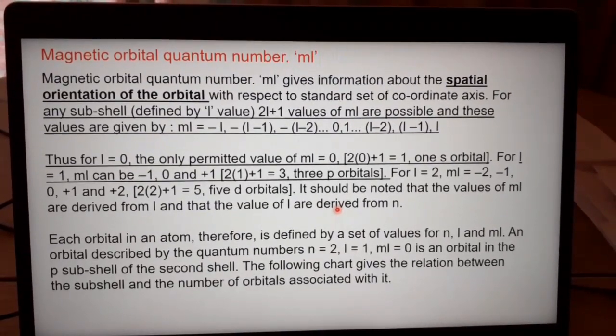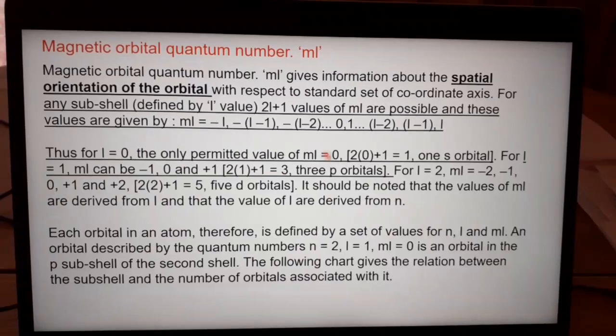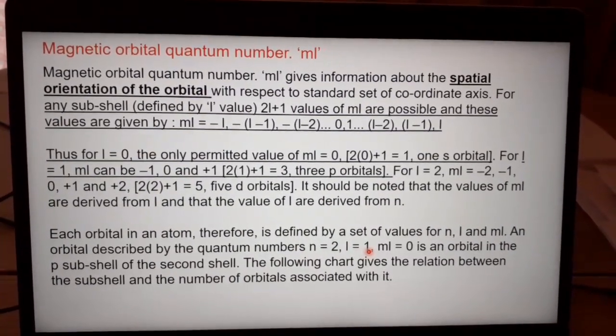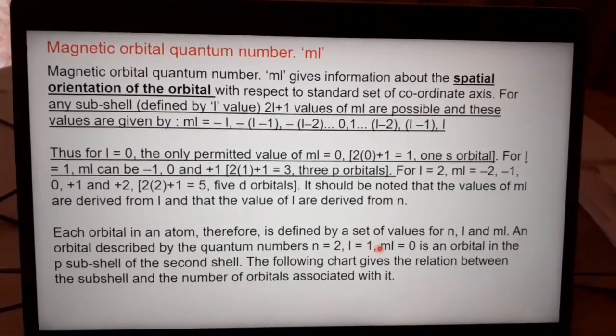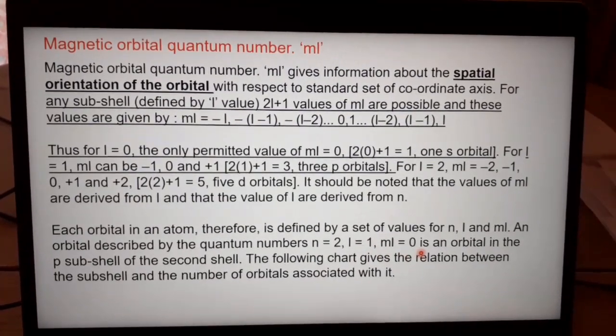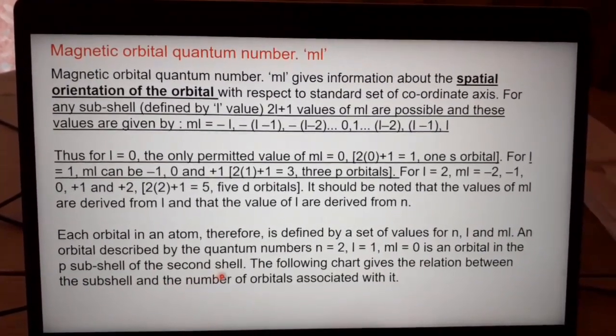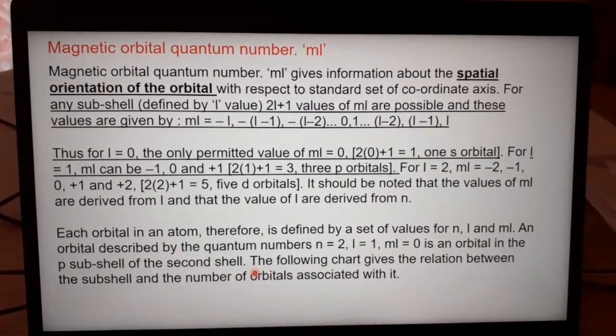An orbital describes the quantum numbers: when n equals 2, the value of l is up to n minus 1, that is 1, and ml equals 0. This is the p orbital, a subshell of the second shell, in the following chart, right?